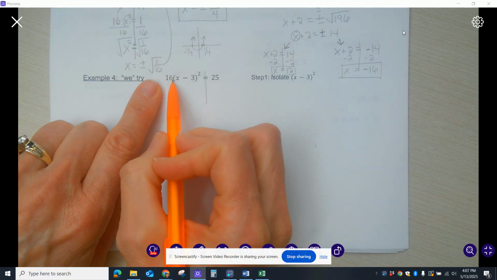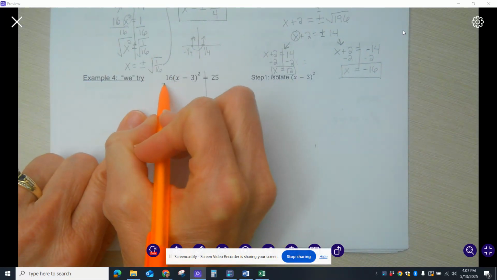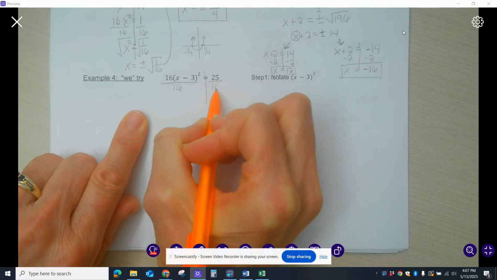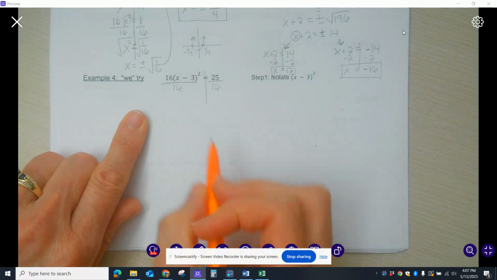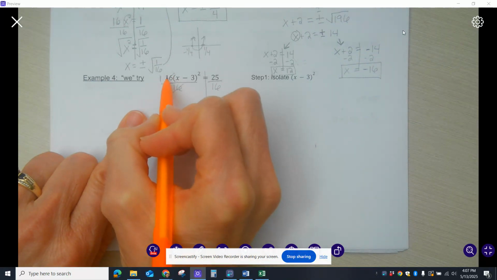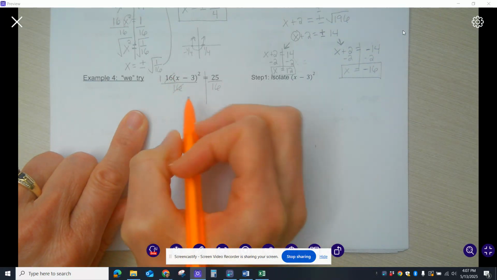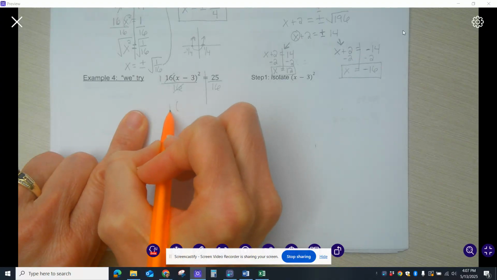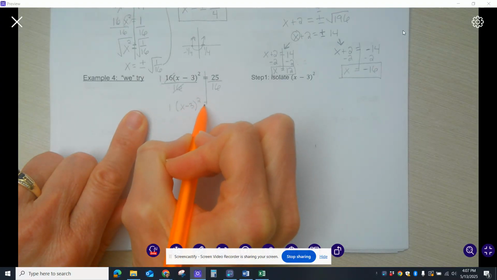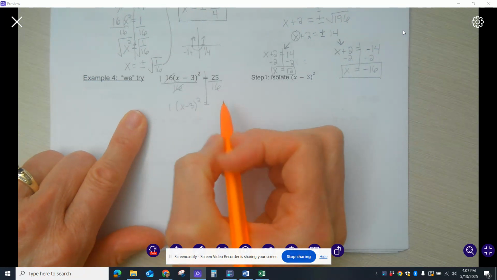Remember, if we don't see anything in there, that's multiplication. So to undo multiplication, we're going to use division. And then here I have 16 divided by 16 is 1. So those 1 out. So I'm left with 1 x minus 3 squared equals, keep this in a fraction.